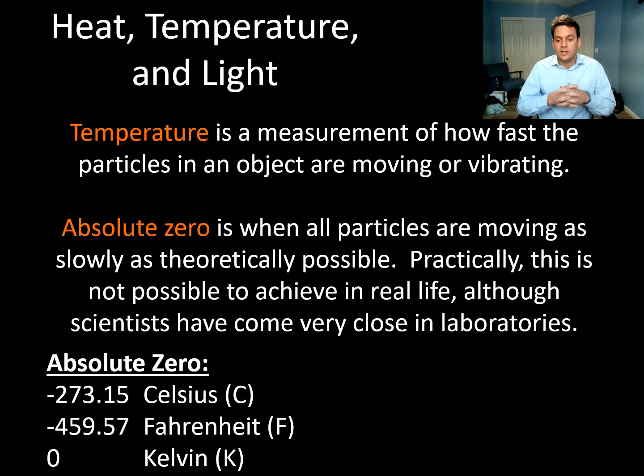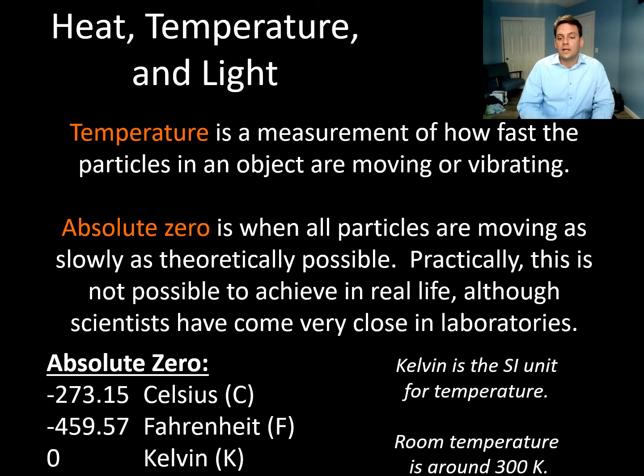As I said, it's impossible to get there exactly in the real world, but we have gotten systems, in particular clouds of atomic gases, down to on the order of 50 nanokelvin, for example, which is 50 trillionths of a Kelvin. So, for all practical purposes, that's extraordinarily close to zero, but we can't get quite there.